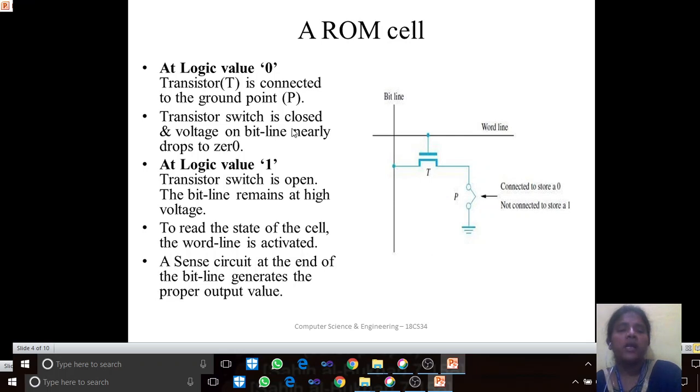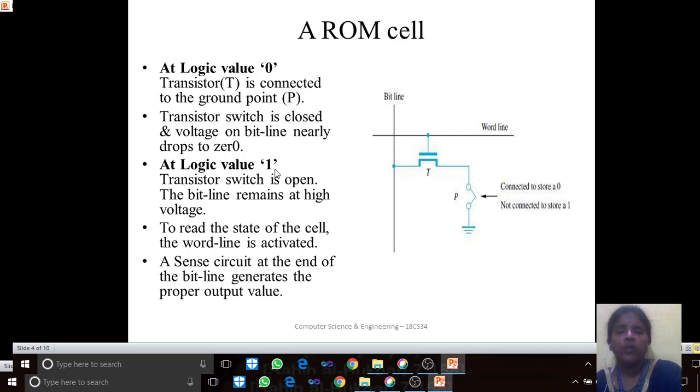Now we can see the transistor switch is closed at logic value 0. The transistor is connected to the ground, hence the value will be 0. Transistor switch is closed and the voltage on the bit line nearly drops to 0. When it is connected, the voltage drops to 0 and that value will be stored as 0 in the bit line.